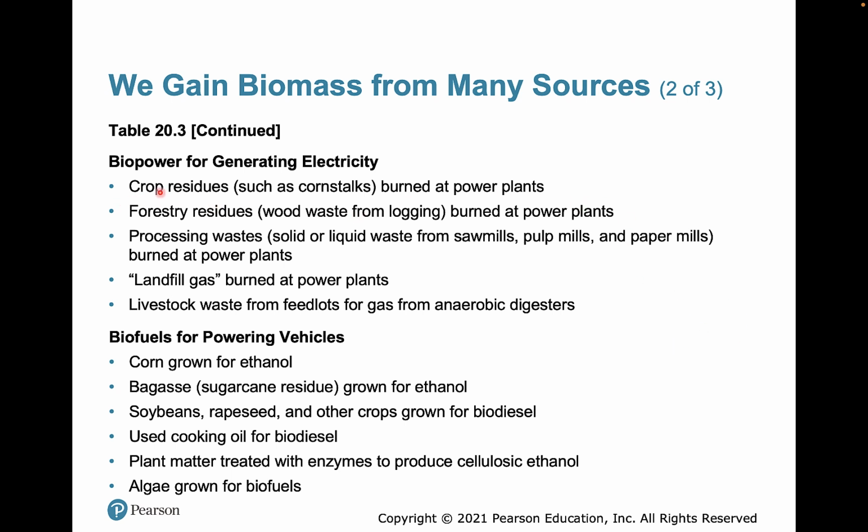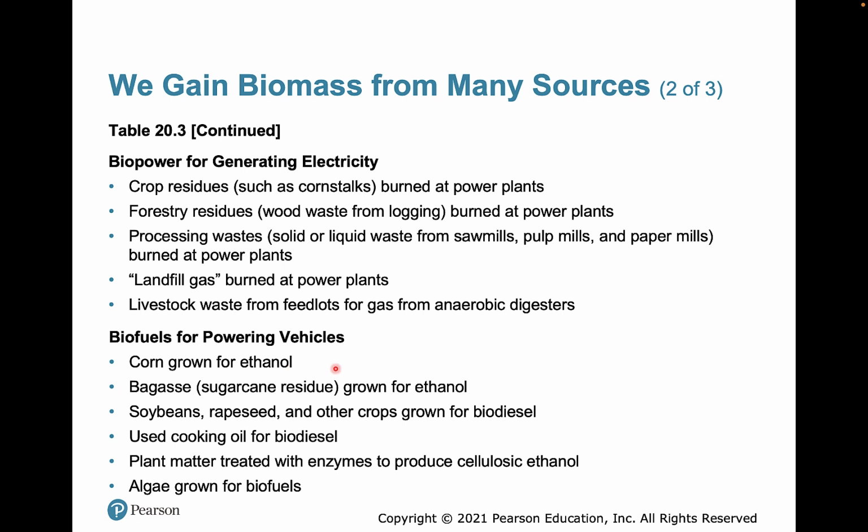So if we're going to use biopower for electricity, you can burn crop residue like corn stalks or sugarcane stalks. You can burn wood waste from logging, the sticks and stuff at power plants. You can use landfill gas, which is produced as a result of decomposition. You can use livestock waste to generate methane in anaerobic digestion.